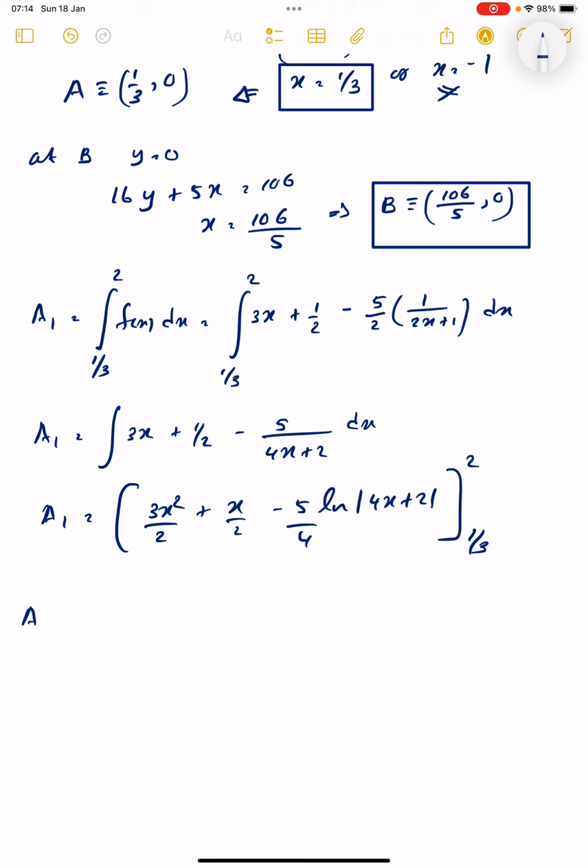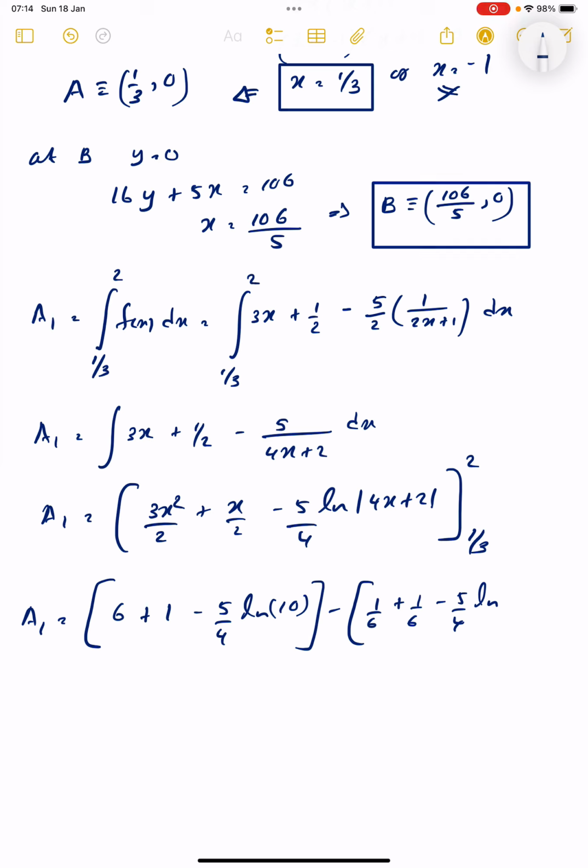Let's substitute the value of 2 first. So that will be 6 plus 1 minus 5 by 4 ln 10, and minus, we can say 1/3 squared is 1/9, times 3 is 1 by 6, plus 1 by 6, minus 5 by 4 ln(10 by 3).